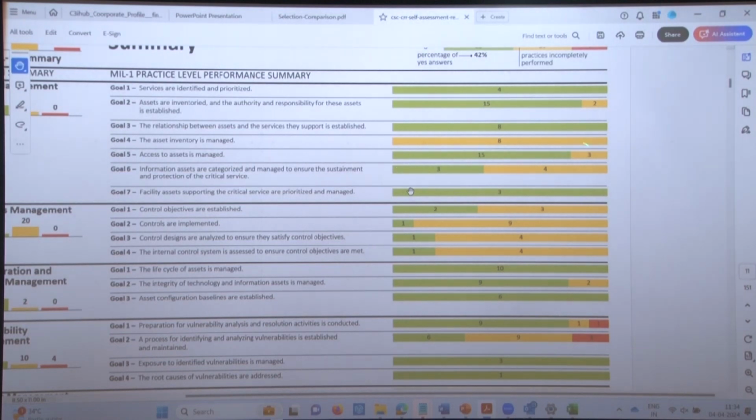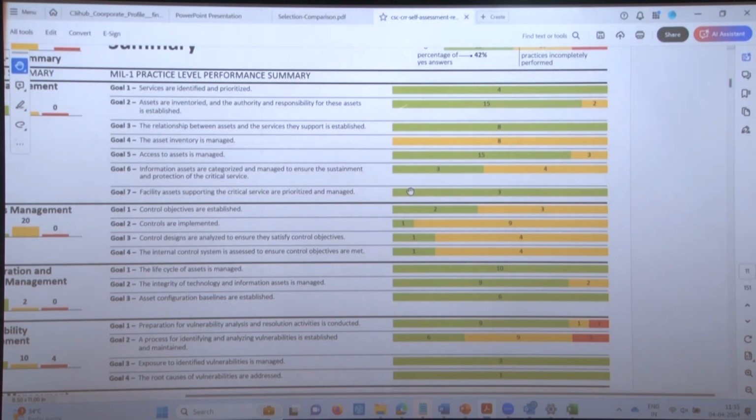This is almost there, but in some cases it is not proper, some practices seem to be missing. Then information assets are categorized and managed, like which one is critical, which one is not critical, and so on. That seems to be a little bit lacking, and the facility assets are prioritized and managed, that seems to be fine.